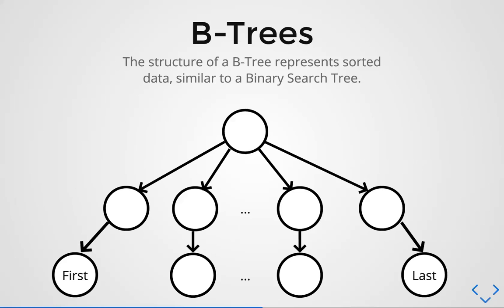So the branching factor of our B trees is very, very big, which means the depth of our B trees is very, very small. But just like a binary search tree, if you follow the leftmost pointer all the way down to the bottom of the tree, you will find the smallest or first element in the sorted order of your total data set. And similarly, if you follow the right pointer all the way down, you'll find the last item in your sorted data set.